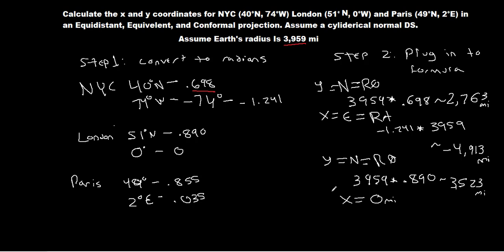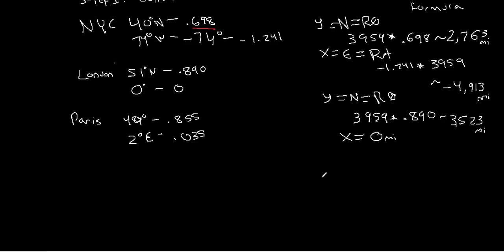Okay, so let's go ahead and walk through Paris. We're going to do the exact same thing we did before. Our northing, or our y, is going to be equal to r theta. And in this case, it's going to be 3,959 times 0.855.